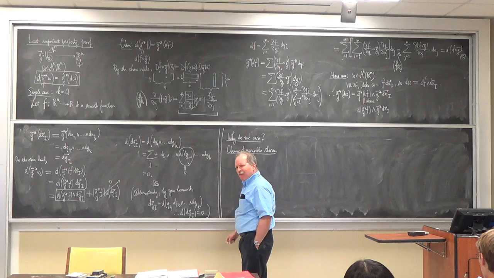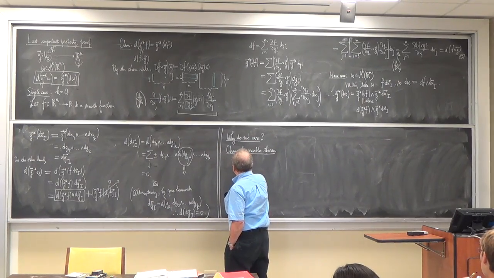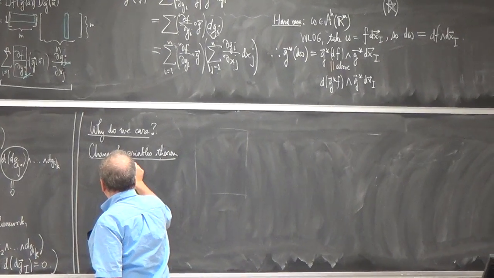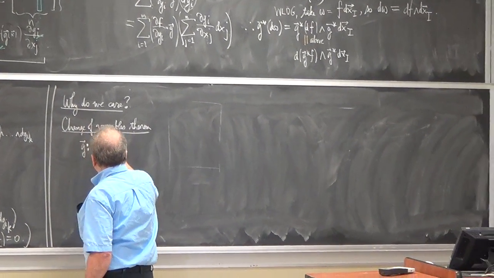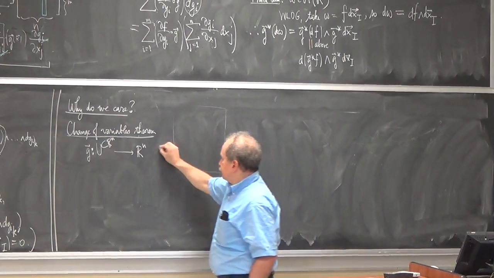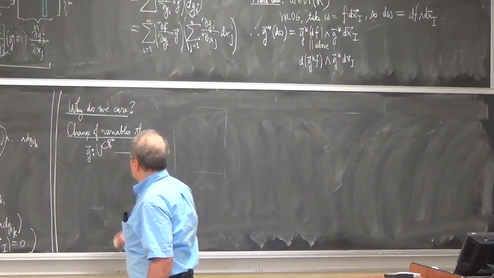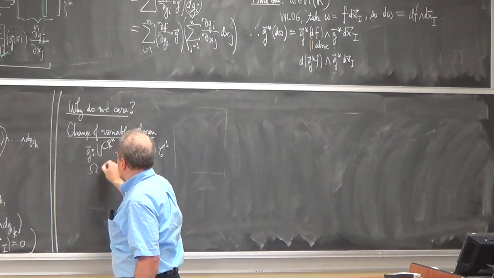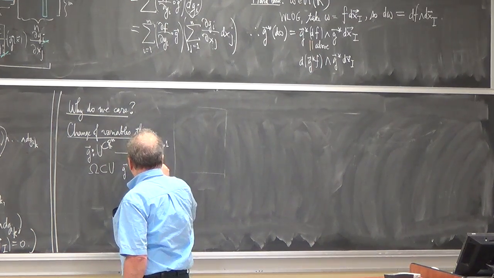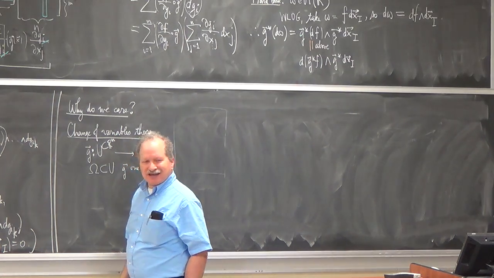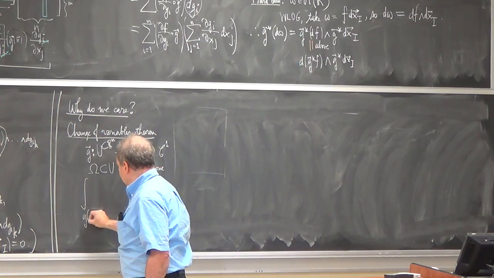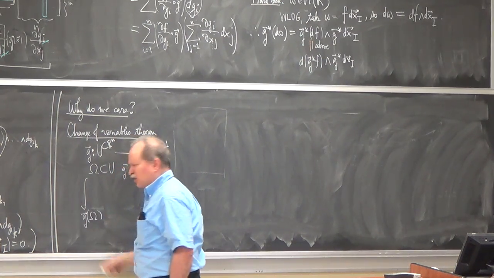It said that if we had a C1 function G from a set U in Rn to Rn, same dimension, and we had a region omega contained in U so that G is 1 to 1 on that region. Remember what it said? It said integrating over G of that region, which we call S, as I recall.